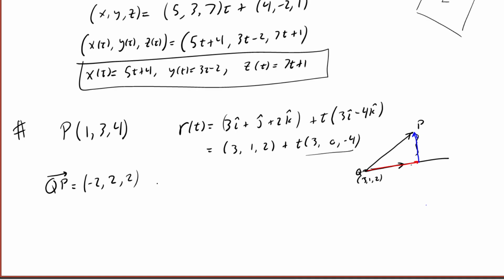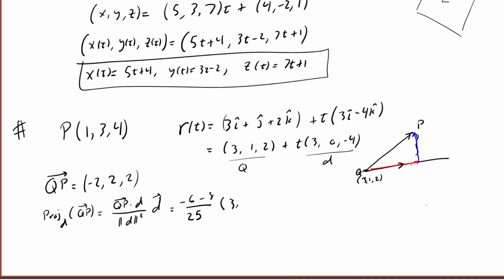Okay, so if this is D, this is Q. Then the projection of QP onto D, that's going to be this red vector, is (QP dot D) over the norm of D squared, times D. Okay, so QP dot D is going to be -2 times 3, that's -6, and then -8, over 3 squared plus 4 squared, that's going to be 25 on the bottom, times the vector (3, 0, -4).